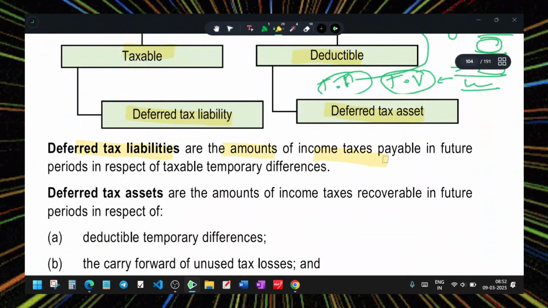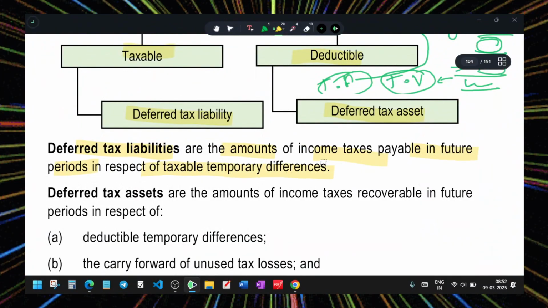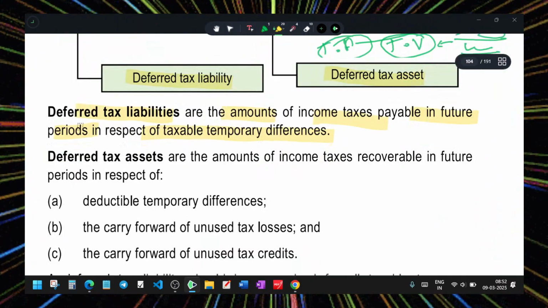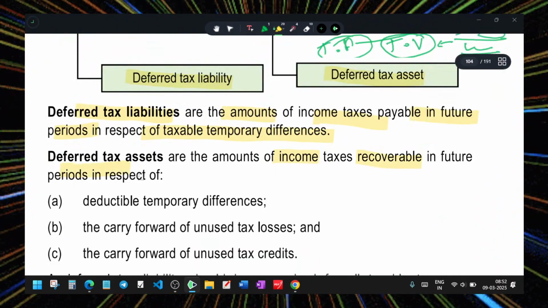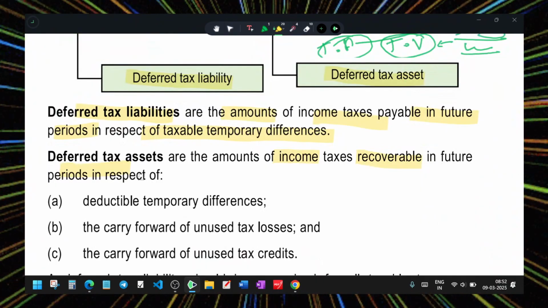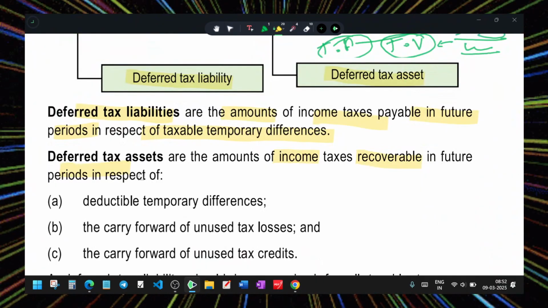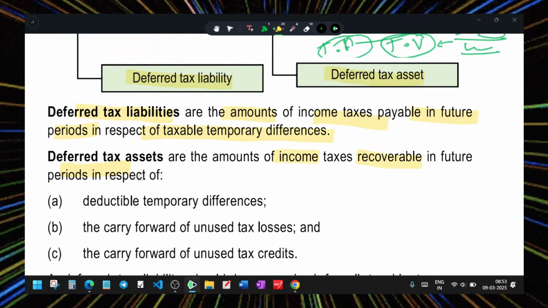Deferred tax liability: the amount of income tax payable in future periods in respect of taxable temporary differences. I need to pay it. Deferred tax asset: the amount of income tax recoverable in future periods. When I pay income tax, I can reduce it.